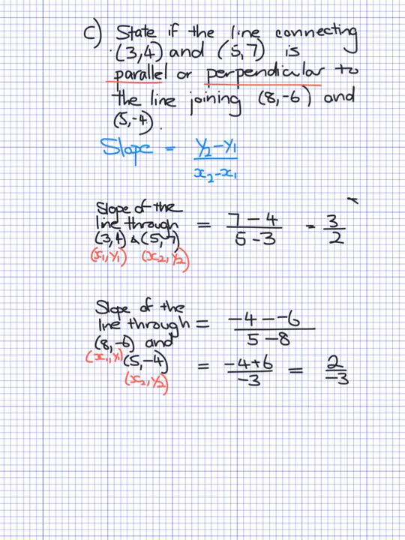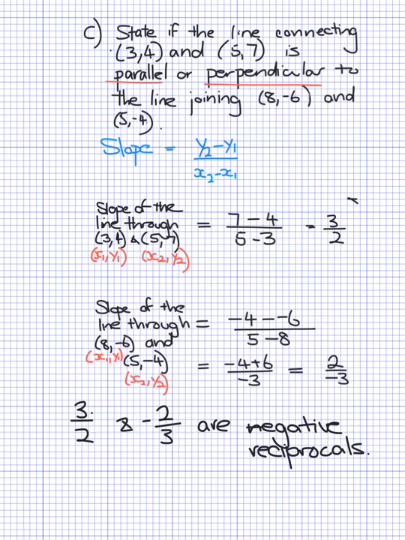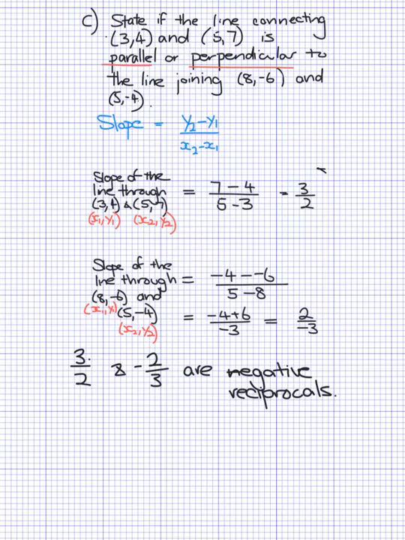No. It's similar, but it's not equal. But 3 over 2 and -2 over 3 are negative, and I'm actually going to write the word out this time, negative reciprocals. Because if you flipped one of them and changed the sign, you would get the same fraction. So therefore, the lines are perpendicular. And that's the end of those types of questions.